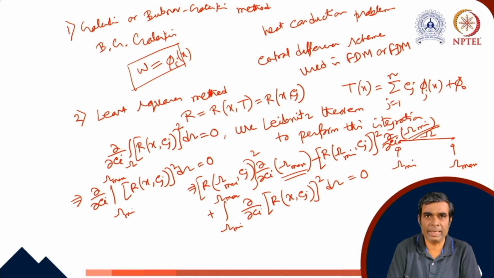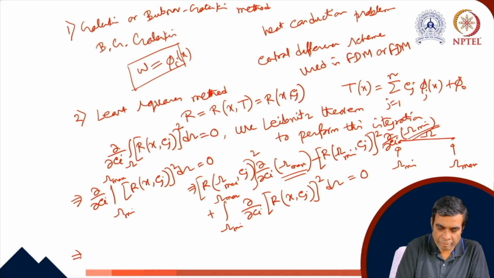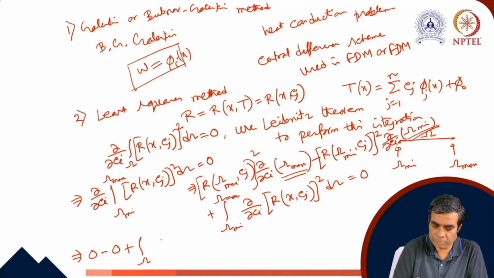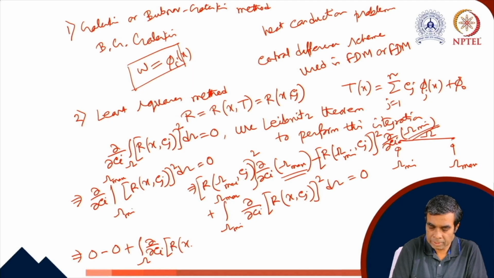So on the left hand side of this integration, the first two terms are 0, and we are left with the integration over omega of (del r of x comma cj) whole square d omega equals 0.